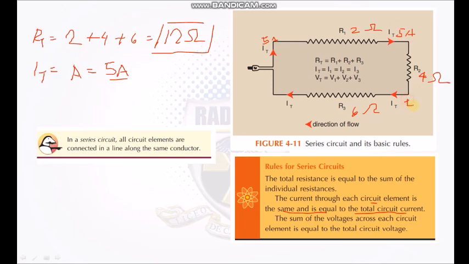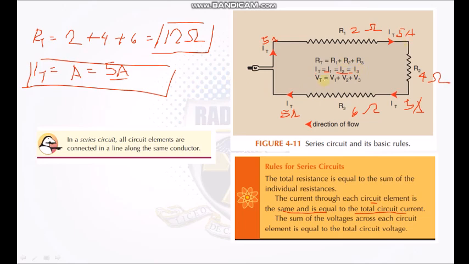Then 5A. Then also 5A. Okay, so that means all the values are the same. That's why it is represented as an equal sign. Check. So all the values are the same.